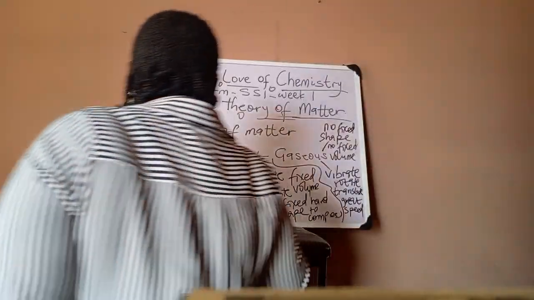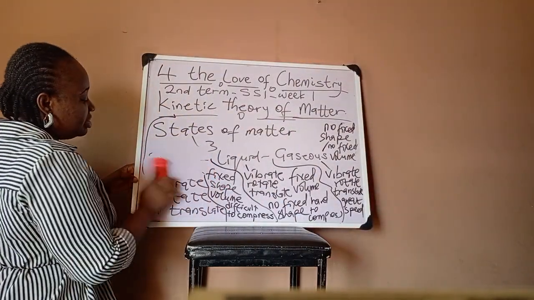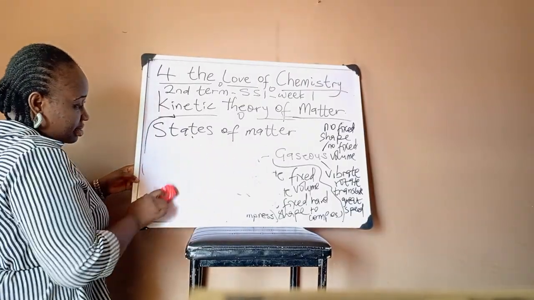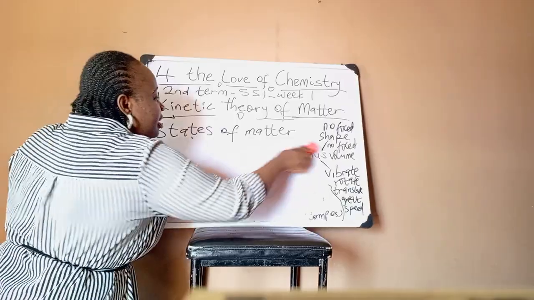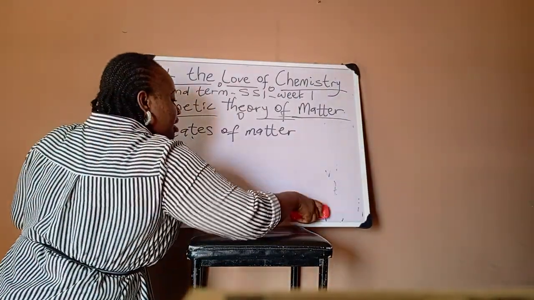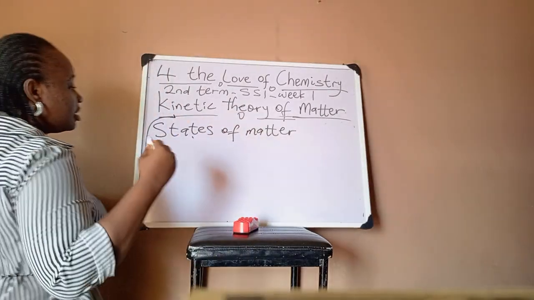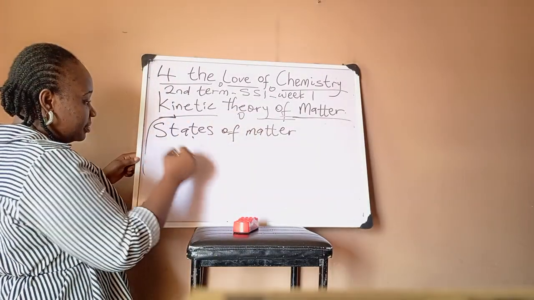Okay, so that is for the properties of solid, liquid, and gas. So in summary, let's make a summary so that you can very easily remember it. Let's summarize it.